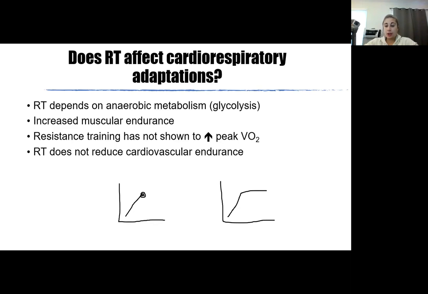If you converted it to relative, we could probably see that the 50 kilo person has a higher VO2 relative to their body weight. So there are 4 different terms here: VO2 max, VO2 peak, and absolute and relative VO2. Those are all different definitions. Does that make sense? Does that answer your question? Maybe I went too fast.